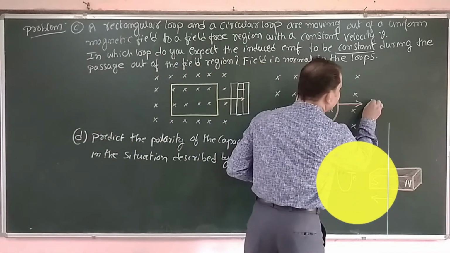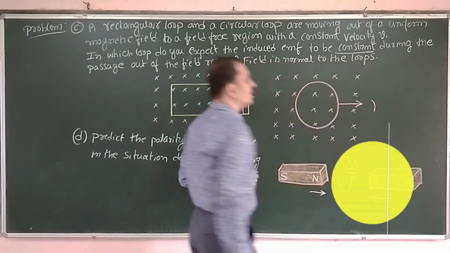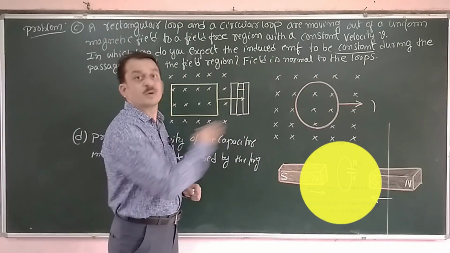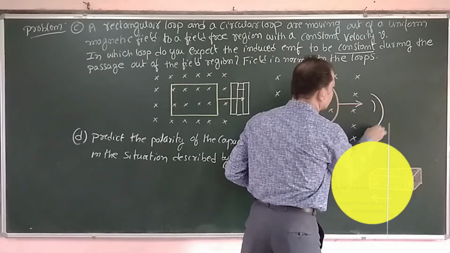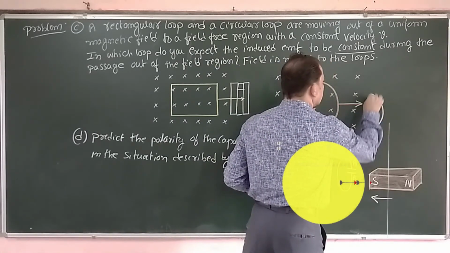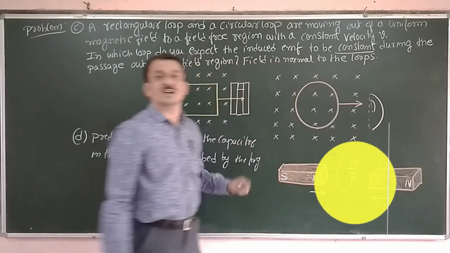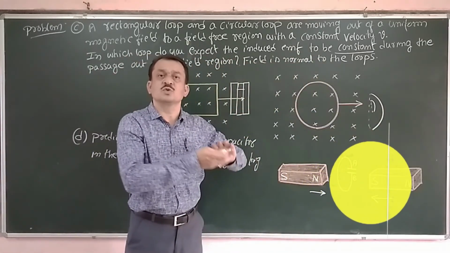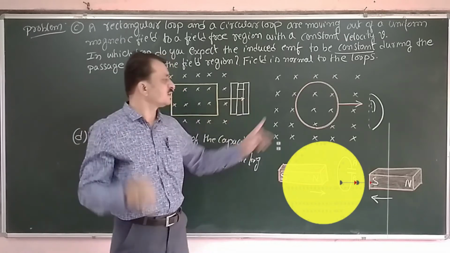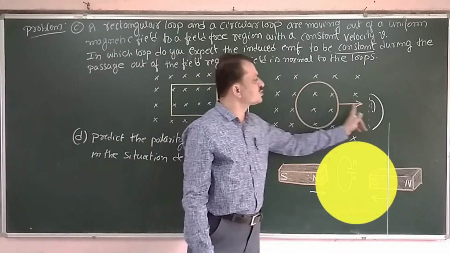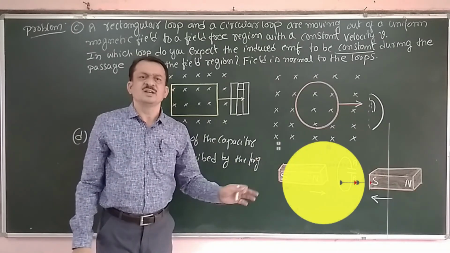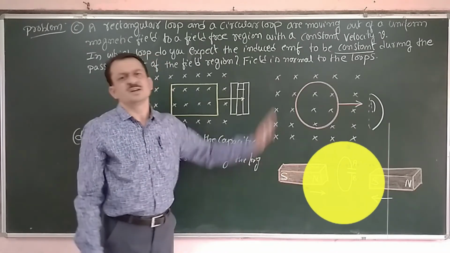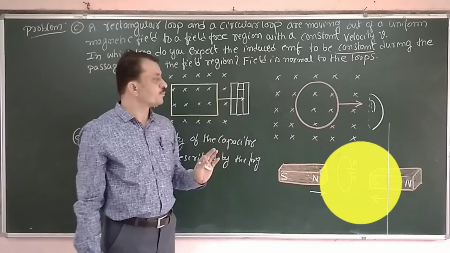Initially this portion of the area of cross section is moving away, then this portion. Now the area of cross section is not constant. The area of cross section goes on increasing here. Since the area of cross section goes on increasing, the induced EMF or the current is not at all constant. It is varying. Understood?